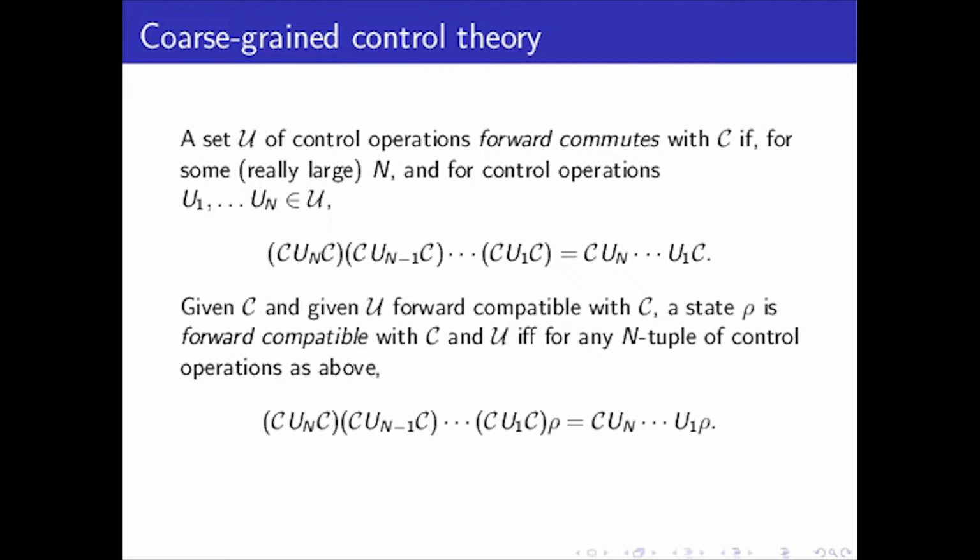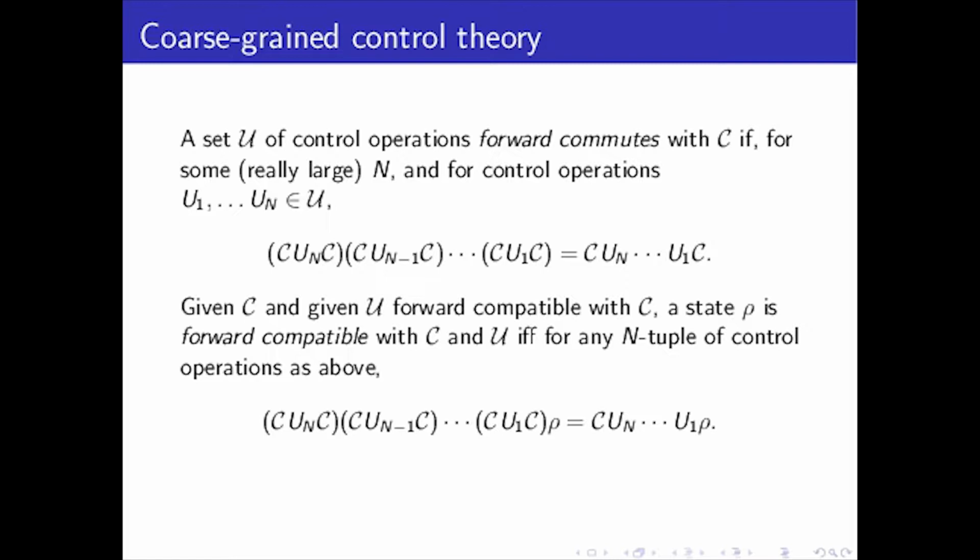And then, more jargon, if I've got a coarse-graining C, and a bunch of control operations that forward commute with C, then a particular state is forward compatible with both of them if I could have put that state at the front of this chain without affecting the result.